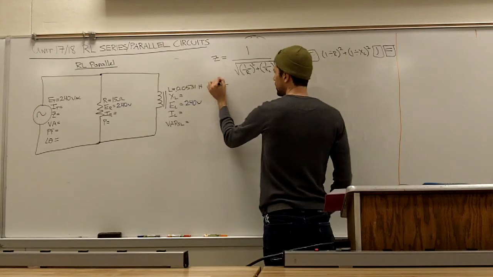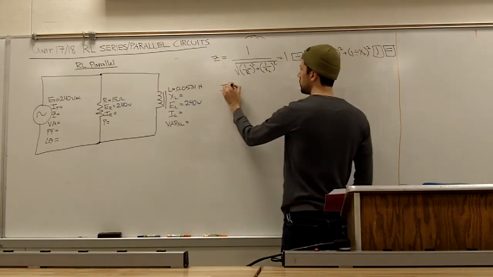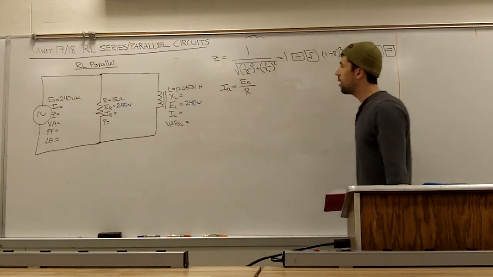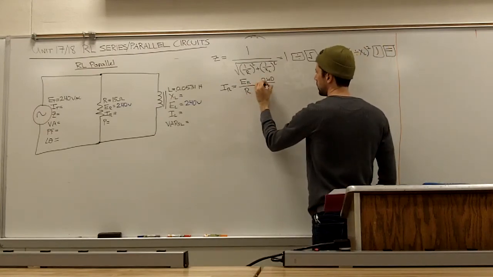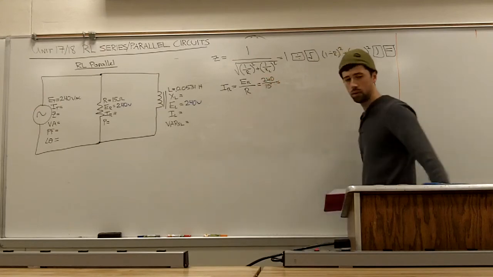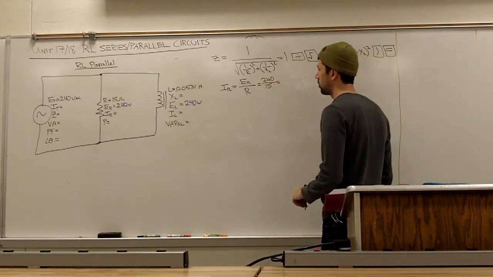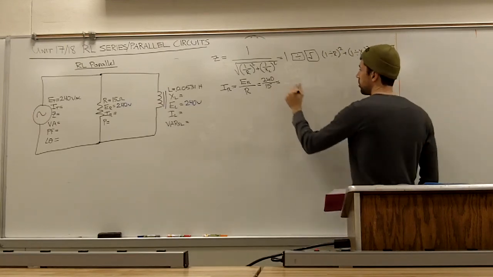First, let's deal with the resistor. So the current through the resistor, I sub R, is going to be equal to the voltage across the resistor divided by the resistance R. 240 volts divided by 15 ohms gives me a current of 16 amps.